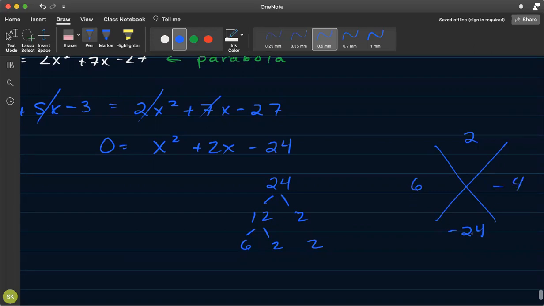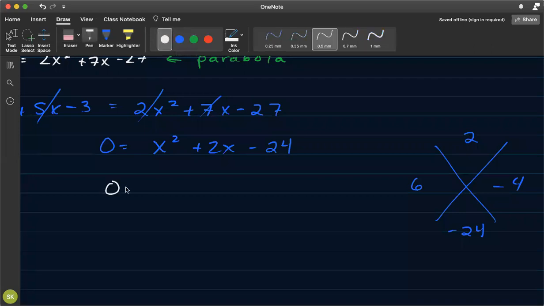So 6 times negative 4 is negative 24, and 6 plus negative 4 is 2. We could use the quadratic formula for this. You could try it, but it'll take you a minute to do, as you saw with the other problems. I noticed that these numbers were really easy to work with. This is a little big, but it was easy to factor.